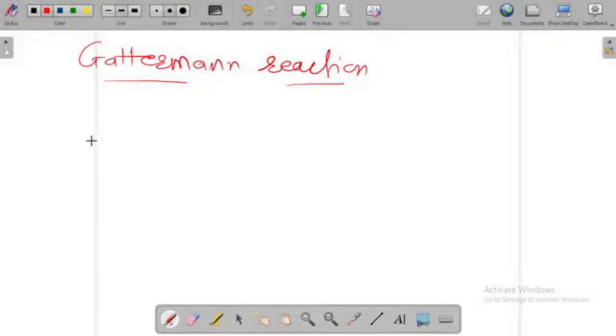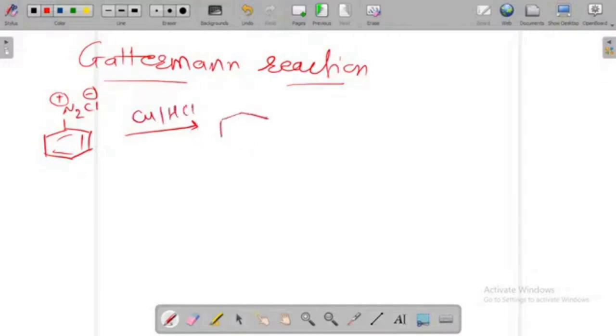Now see here, this N2+ Cl- is your starting compound, which when reacted with copper in presence of HCl gives chlorobenzene and N2 as a byproduct.